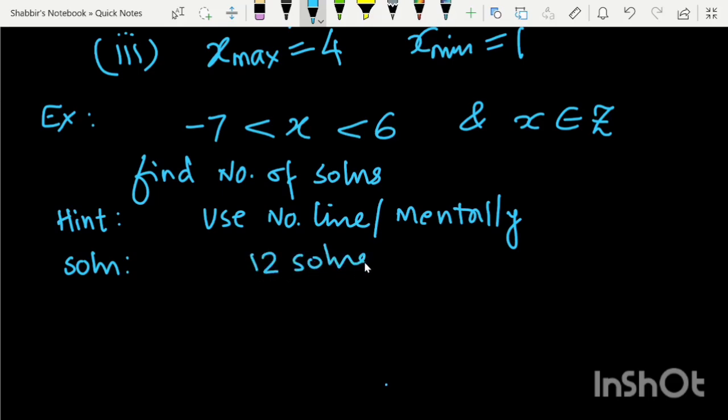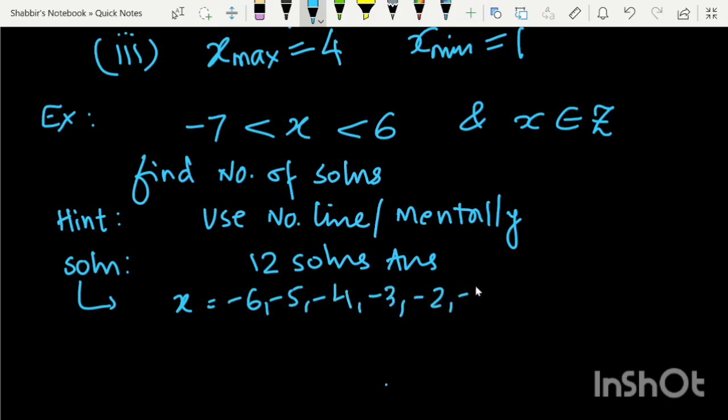The answer is 12 solutions. Now the solution is this: x greater than -7, so x is -6, -5, -4, -3, -2, -1, 0, 1, 2, 3, 4, 5. So that is 12 solutions. Okay.